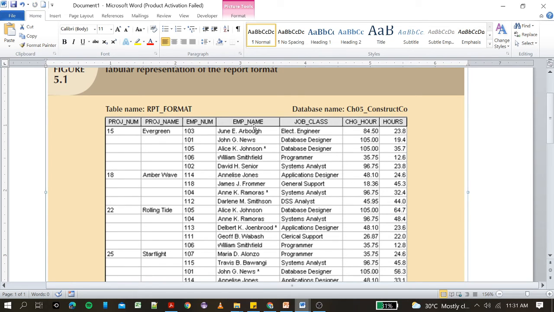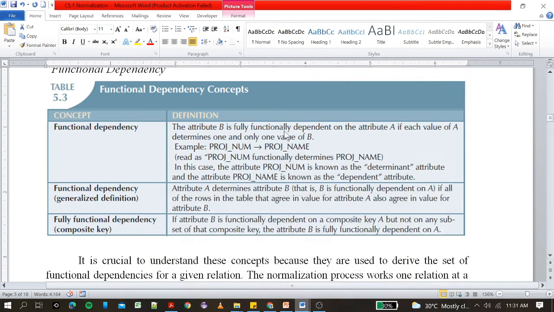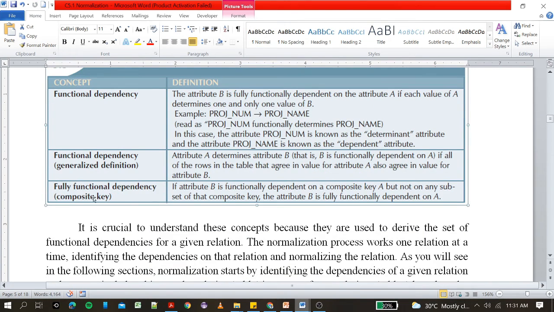So, the employee name is dependent on the employee number and the job class is dependent on the employee number. No? So, lahat ng columns, ang attributes dito sa ating table ay dependent on the determinant attribute, which is the employee number. Okay. So, meron tayong tinatawag na fully functional dependency.